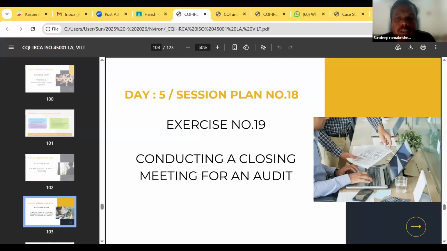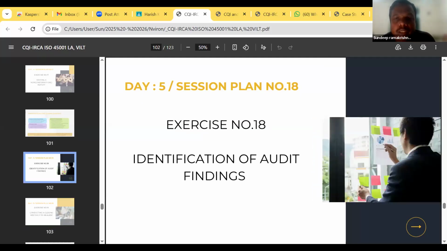So there is exercise 18 and then conducting a closing meeting. All of you have to write the non-conformity and the reasons why the non-conformity came up, exercises 18 and 19, right? In 18, there is identification of audit findings. All of you open exercise 18.